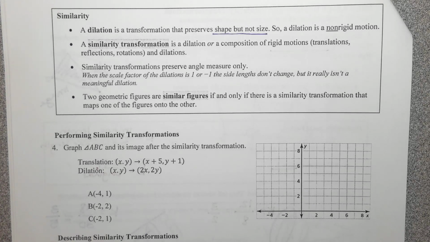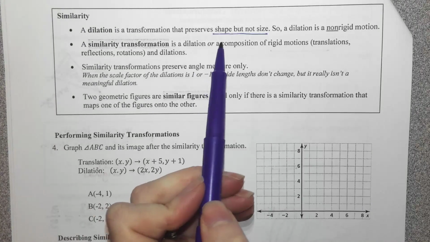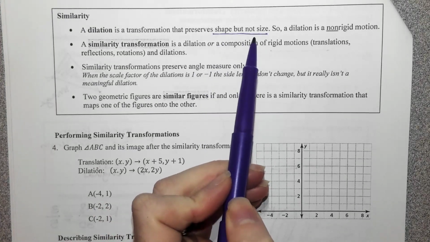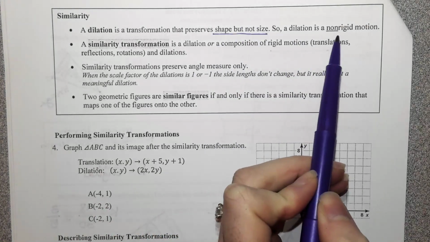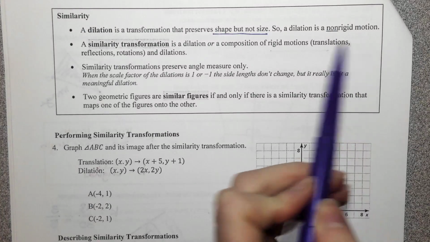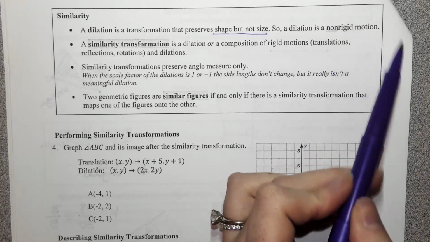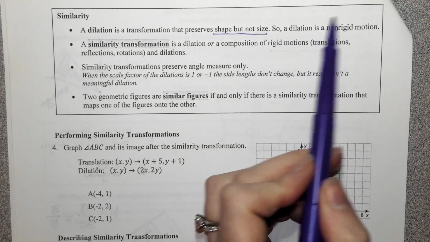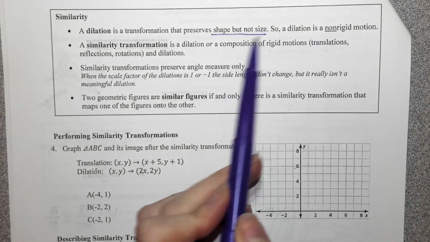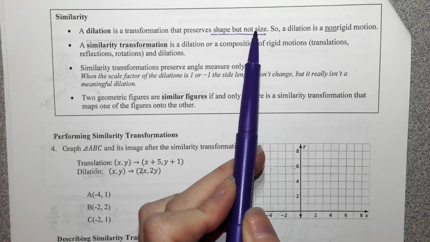They just slid, rotated, moved, flipped, but they were always the same size and the same shape. Now, we have the same shape, but the size is changing. So, this is called a non-rigid motion. Remember when I mentioned that last class? This one is a non-rigid motion because it's not preserving our size.